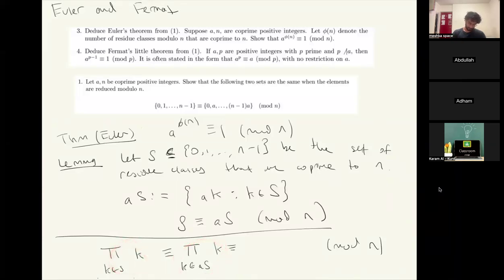Because it's the same as multiplying over k in S of AK, like this. And then we can pull all these A's out. How many A's do we pull out? We pull out totient many. So this is A to the totient of n times the product over k in S of k, right? Because we just multiplied everything by A, so the whole product got bigger by a factor of A to the power of the size, which is the totient function.